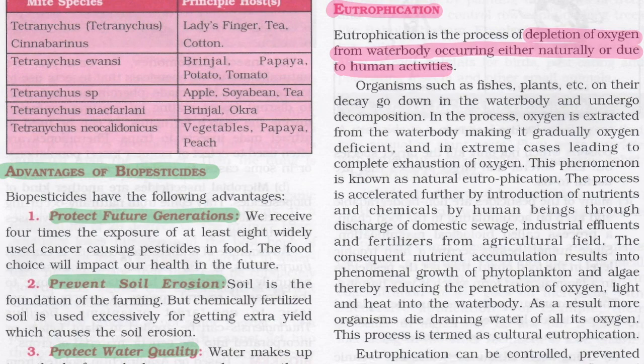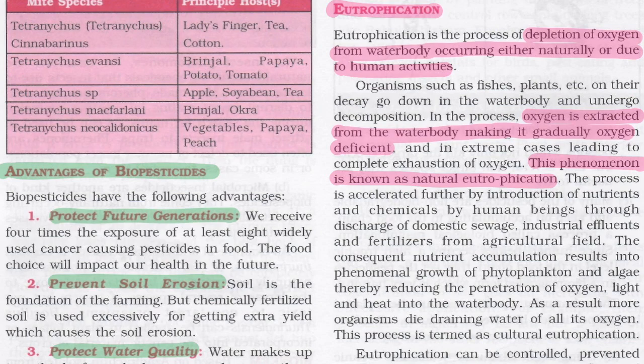Organisms like fishes, plants, etc., decay and go down into the water body and undergo decomposition. In this process, oxygen is extracted from the water body, making it gradually oxygen deficient, and in some extreme cases it leads to exhaustion of oxygen. This phenomenon is known as natural eutrophication.